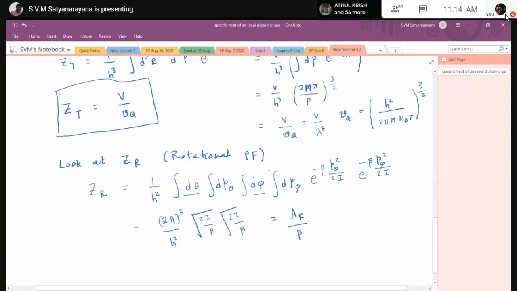Okay, so I can do the same thing here. Here I can write this as some constant A divided by beta to the power 3 by 2. That is, other than the beta factor, everything else I am dumping in this constant A. Same thing here.